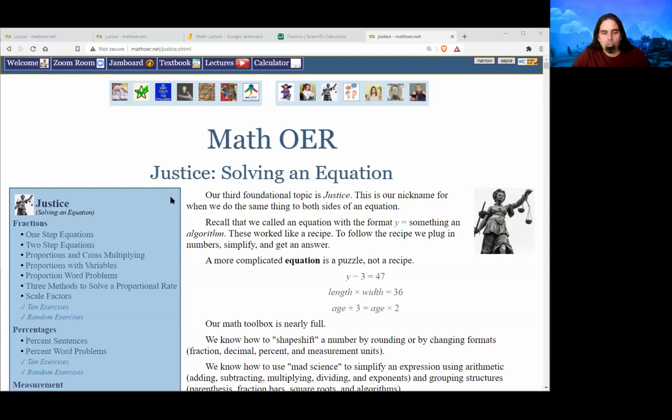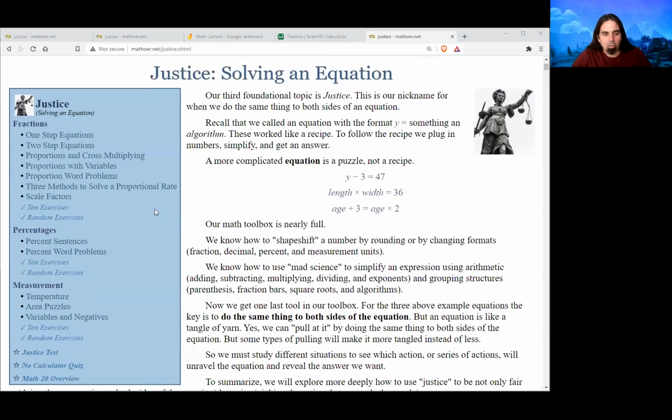We're still going through justice. Last time we finished up with proportions and proportion word problems, but we only talked briefly about scale factors. And we have a homework question to do about at least one of the homework problems. Then we talked about percentages last time, and we did the percent sentences, but we only introduced the word problems a tiny bit.